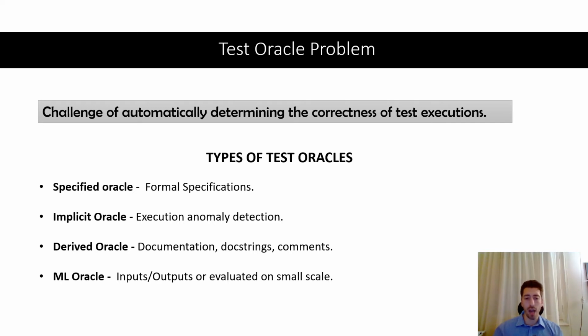The problem with current machine learning oracle implementations is that they're either only used on inputs and outputs of systems under test without taking into account the internal state of functions at all, or they are evaluated on a tiny scale with some sample programs or programming languages that are not used anymore in the industry.